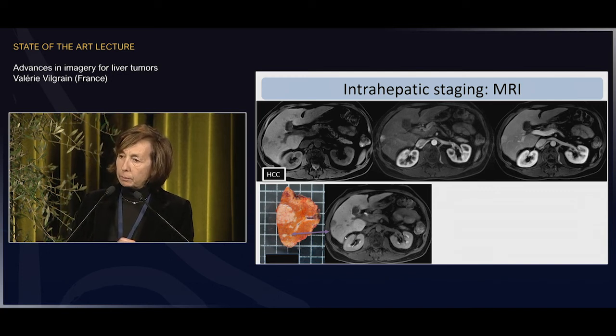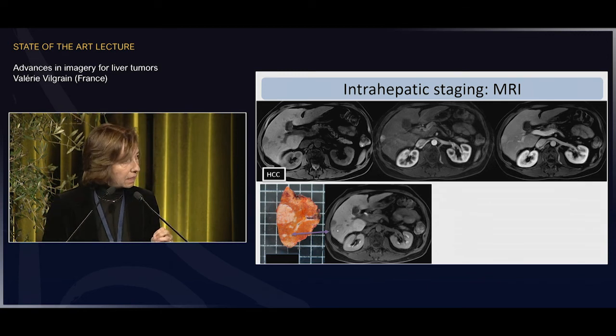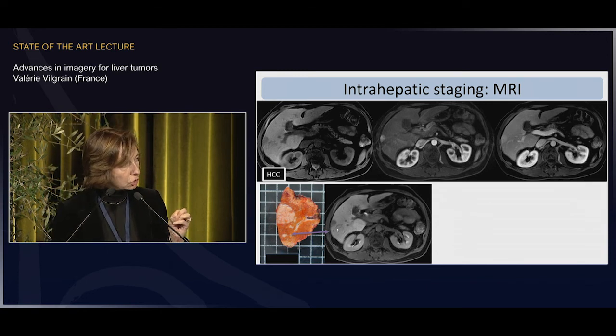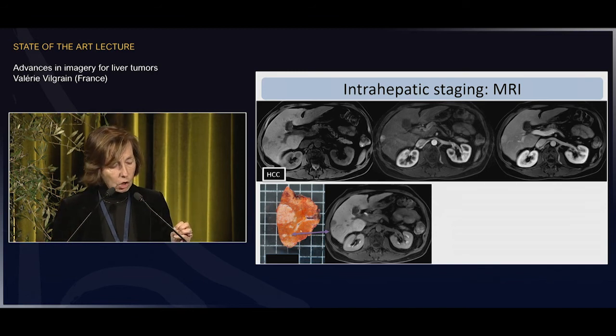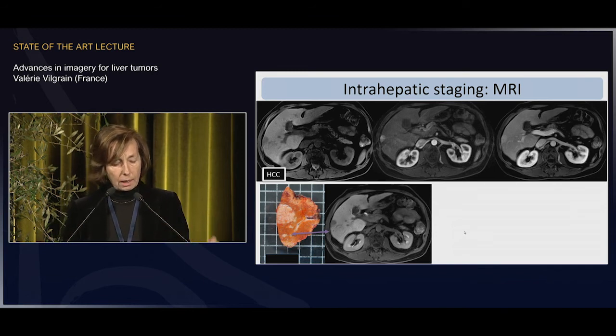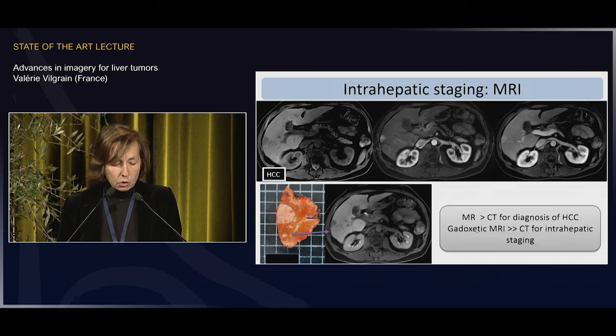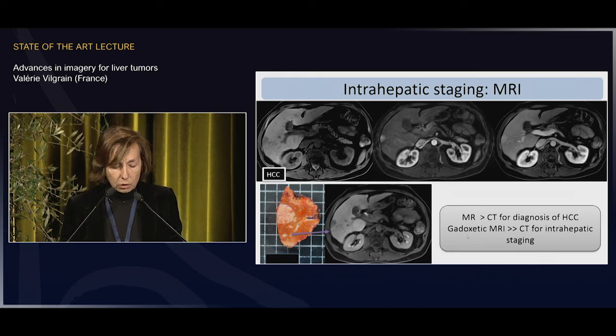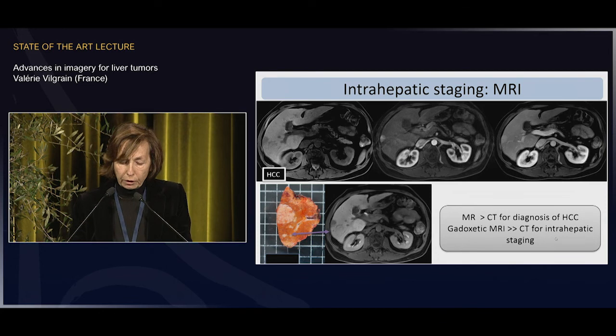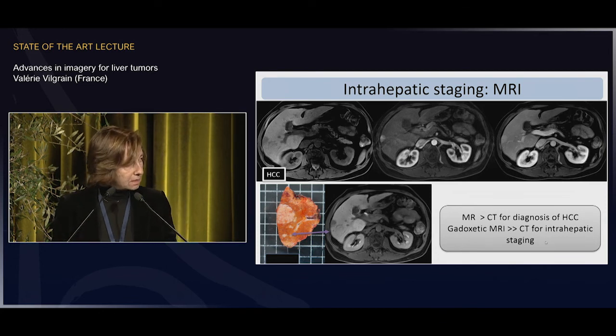And this is very important because by seeing that, we change the indication from tumor ablation to tumor resection, with resection of a much larger liver volume. So here, MR is basically superior to CT for the diagnosis, and MR, especially using a hepatobiliary contrast agent, is much superior to CT for intrahepatic staging.